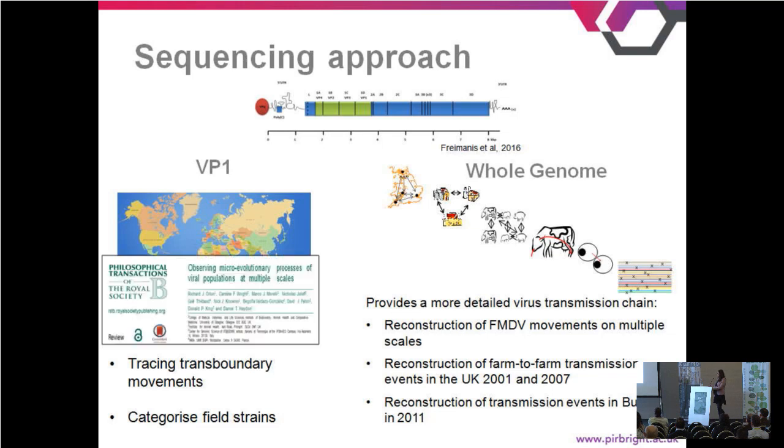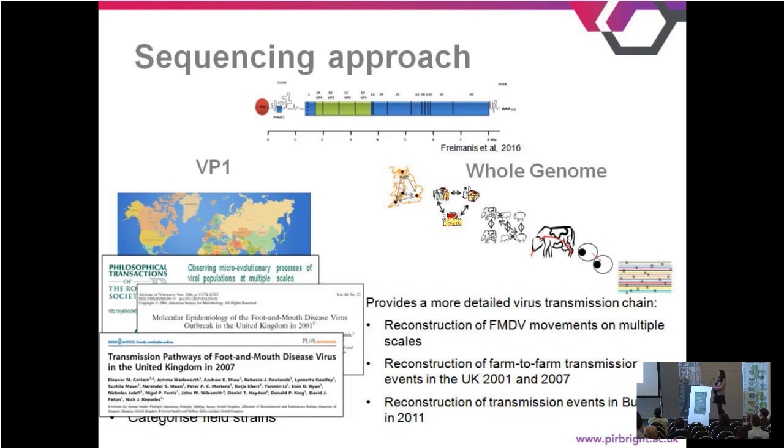We have published papers on reconstructions of foot-and-mouth disease movement at different scales, reconstruction of farm-to-farm transmission events during the 2001 and 2007 outbreaks. We have also looked at reconstruction of transmission events in Bulgaria in 2011.